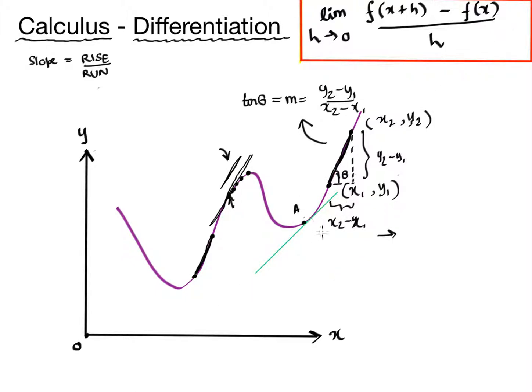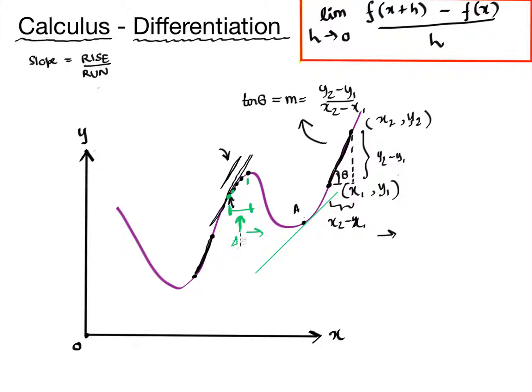Now what we are doing is decreasing this gap. When we had these 2 points, this was the run, the amount of units we move in this direction. But when we find the slope, we are bringing it down so close that we are decreasing this distance.